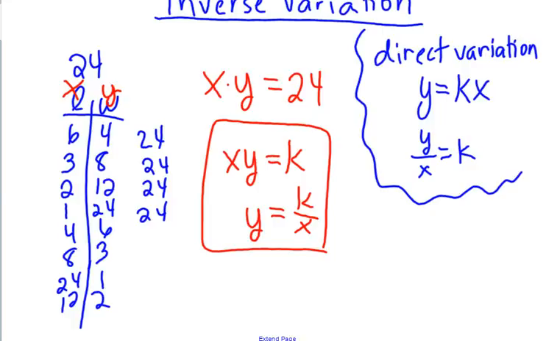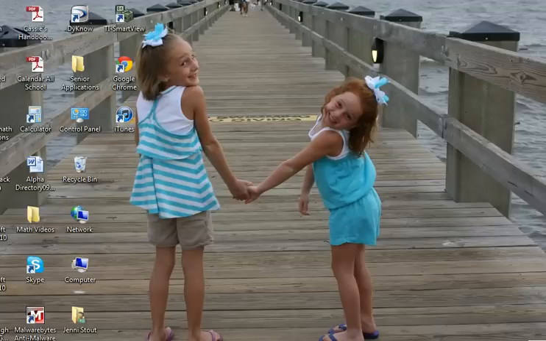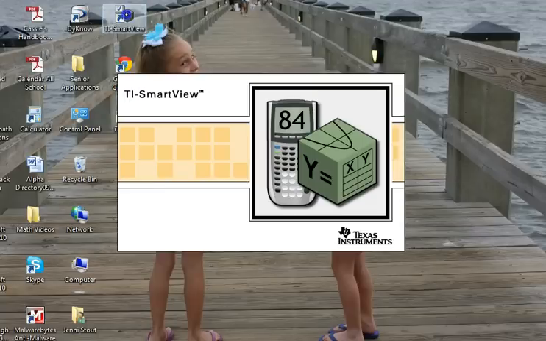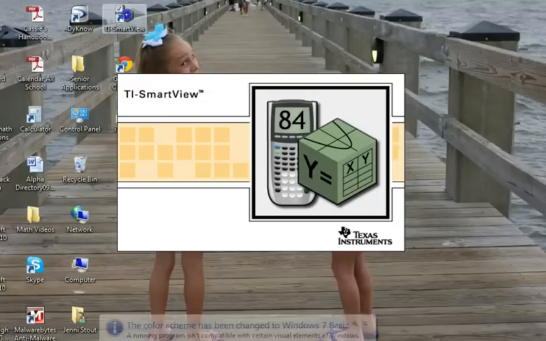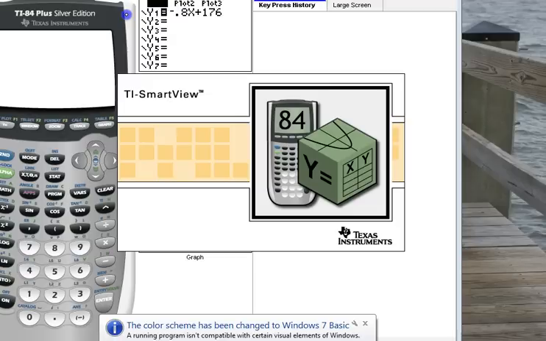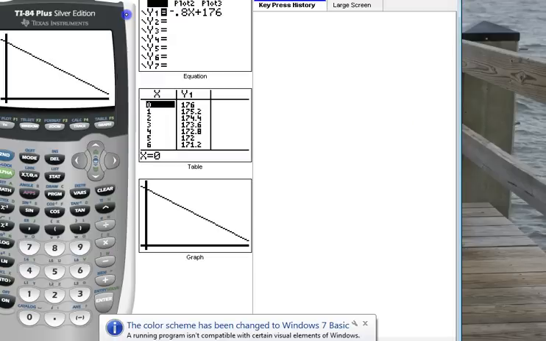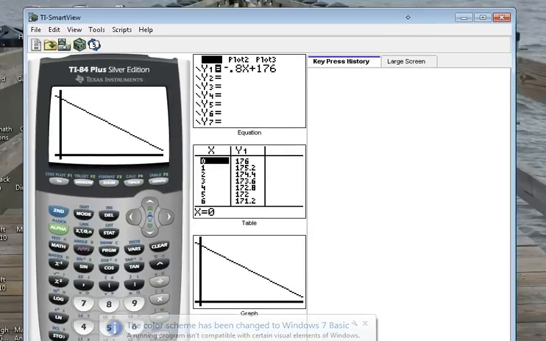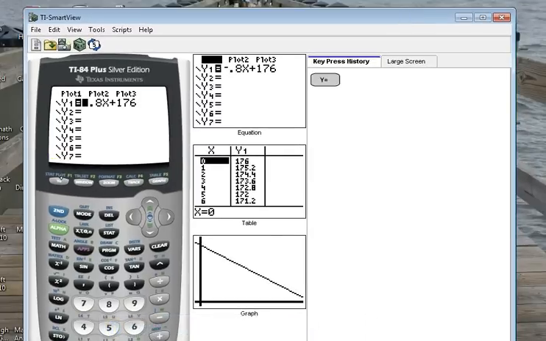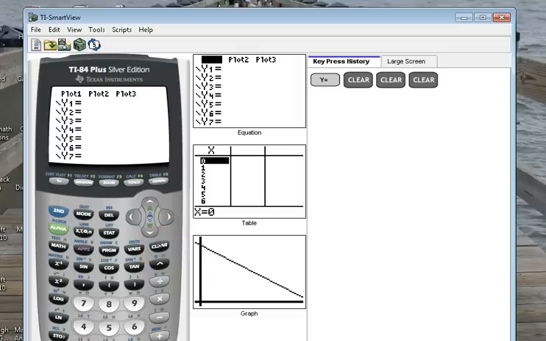So if you have your calculator, go ahead and get it out, and I'll turn on mine. And we're going to graph that equation that we just did. What was K for us? 24. K was 24. And so in order to graph, we need to be in Y equals form. So go to your Y equals and clear that out.